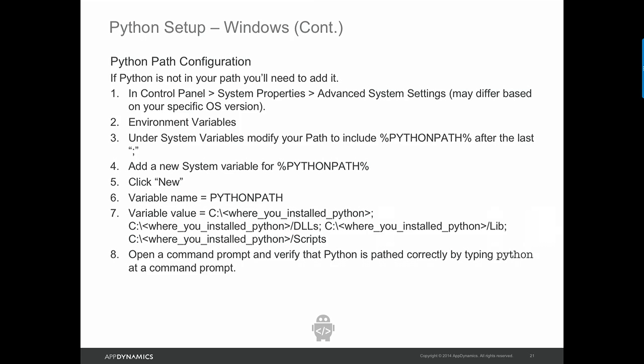In some cases it'll be pathed automatically, so you don't have to worry about that. That's a good point. Once you run that MSI, it may set your environment variables for you. Just open up a terminal window and type in Python, and you're in, so you're good to go. Do I need to set the path still or not? Nope, you're good. If you typed in Python, you're all set.